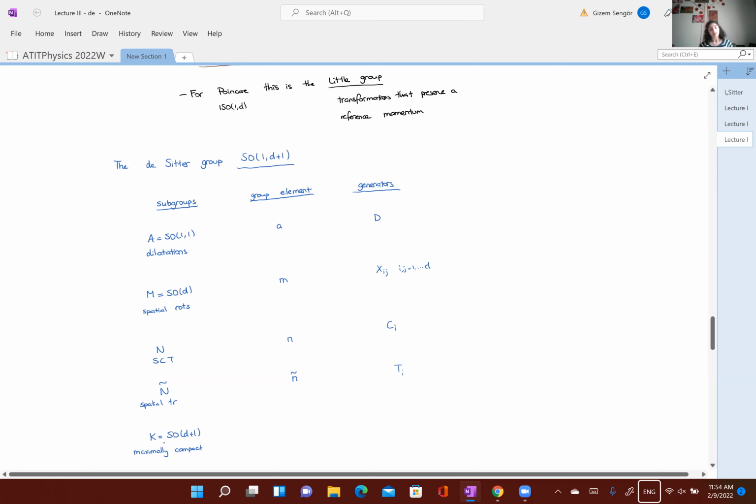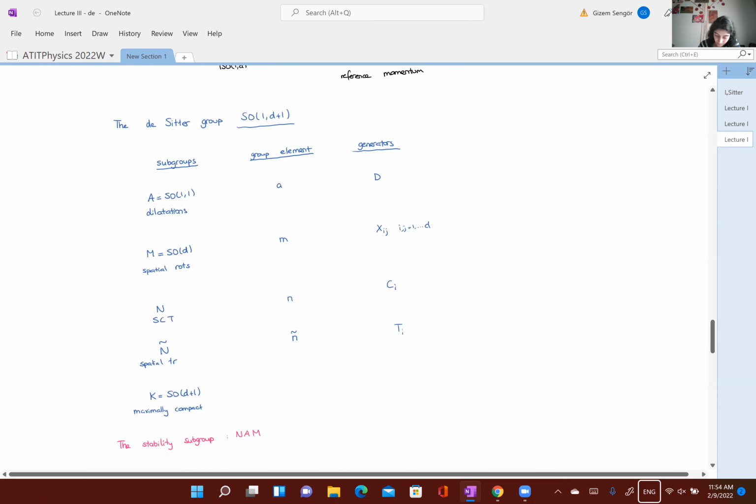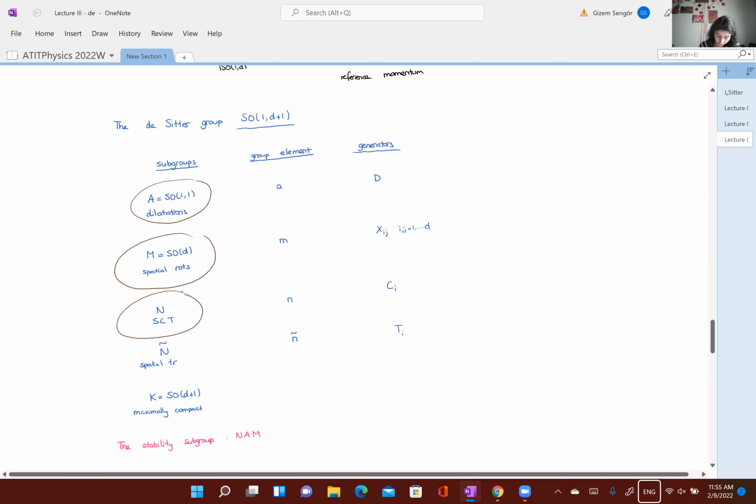But now we will not derive things. It will be more like I give you facts. The stability group of the Schrodinger group happens to be the composition of dilatations, spatial rotations, and spatial conformal transformations.